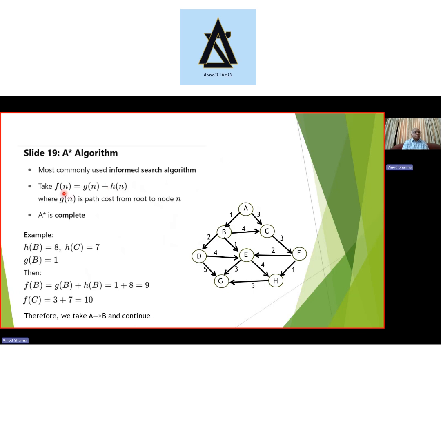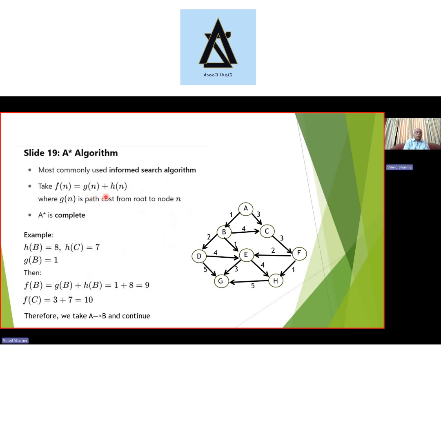So f(n) for any n is going to be defined as g(n) plus h(n), where g(n) is the path cost from the root node to the node n. This is the path from root to node n, and this is the estimated guess from n to the goal node. So f(n) is the overall estimate, if we pass through n, from A to the goal node.